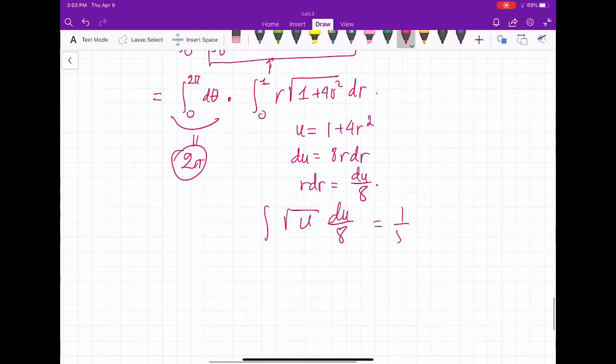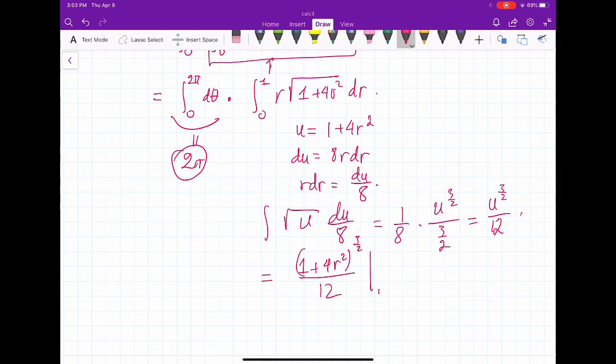And that is 1/8 times u to the 3 over 2 over 3 over 2, which is equal to u to the 3 over 2 over 12. So we substitute r back here. We get 1 plus 4r squared to the 3 over 2 over 12, and this evaluated from 0 to 1.